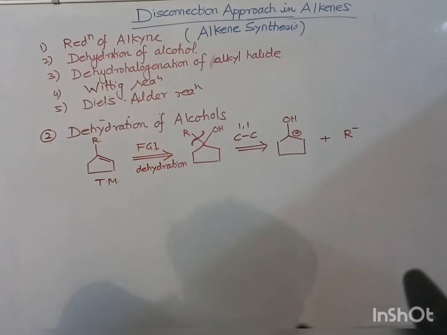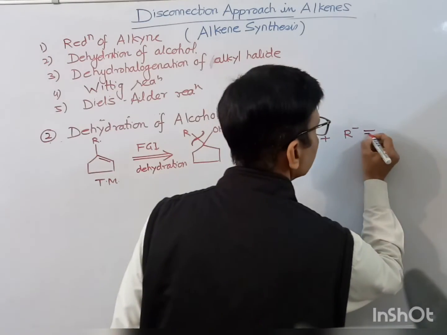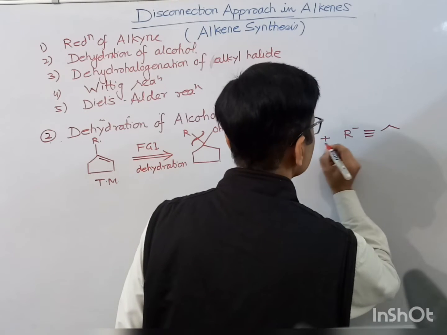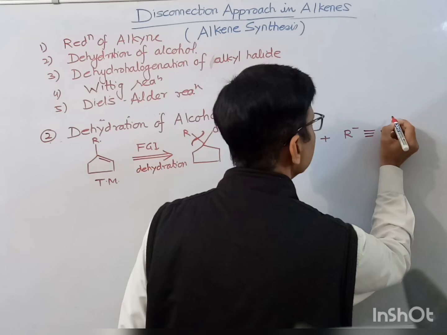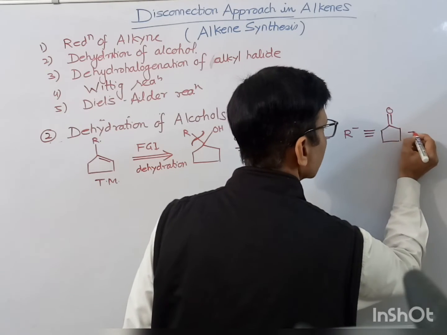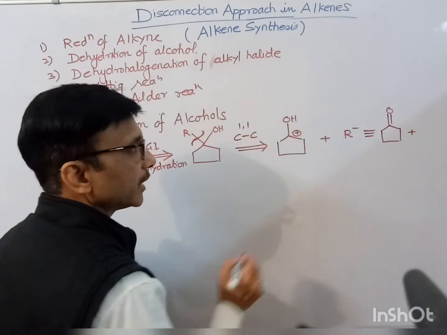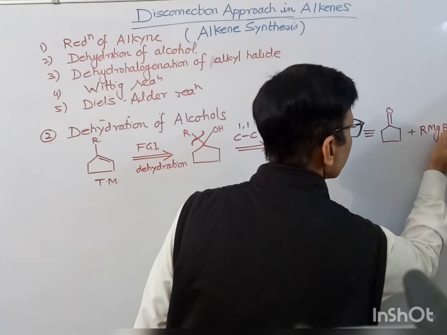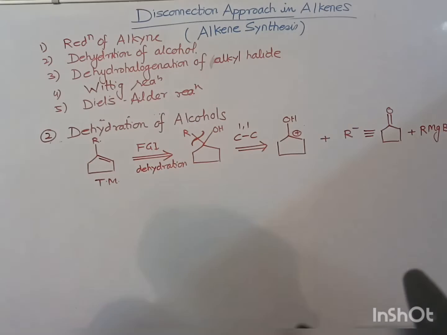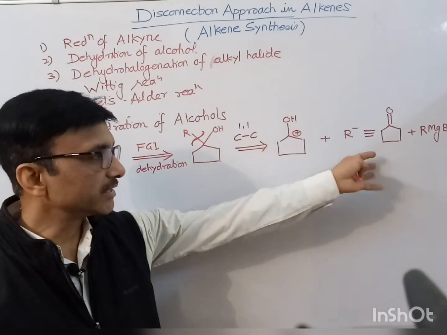So corresponding to this synthetic equivalent, you can write the synthon. Corresponding to this synthon, we can write the synthetic equivalent. This is cyclopentanone, and so these are the reactants or synthetic equivalents.